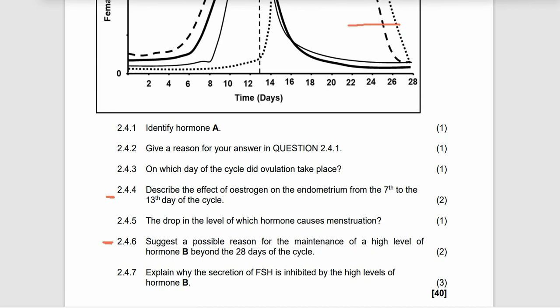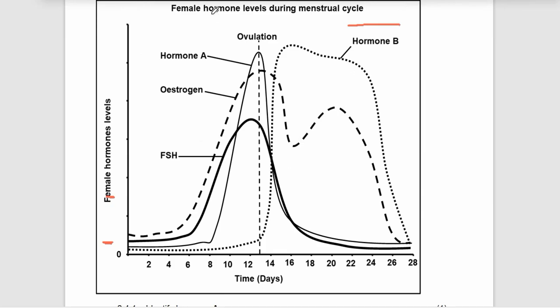Let's say the hormone B, which is the progesterone, is perpetually secreted after day 28, meaning that the levels of progesterone were not decreased, they were up. So we have to give a reason why it would be like that beyond day 28.